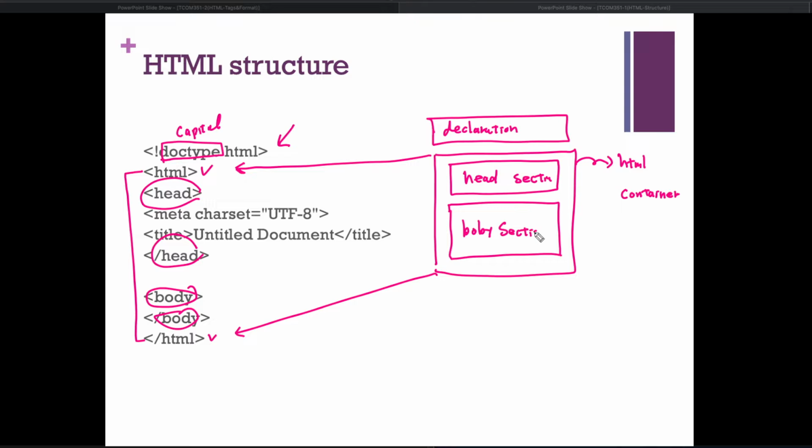This body section is our canvas, and throughout this class, what we are going to do is put a lot of code in between the opening and closing body tag. We are mainly putting a lot of stuff in the body section. So do you remember this part?